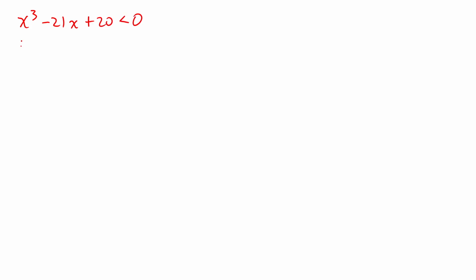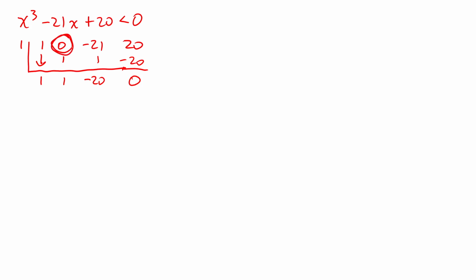Well, we see that when we plug an x value of 1 into that polynomial, we get a value of 0. That means 1 is a factor, and we go about doing our synthetic division. Now, notice that I have a 0 in the placeholder for the x squared right here.